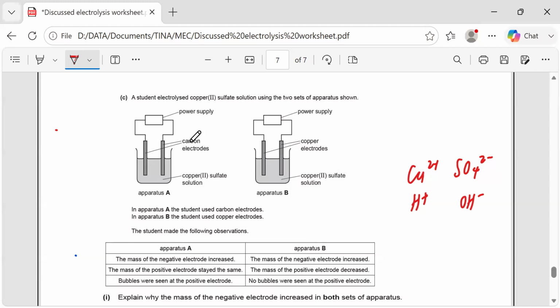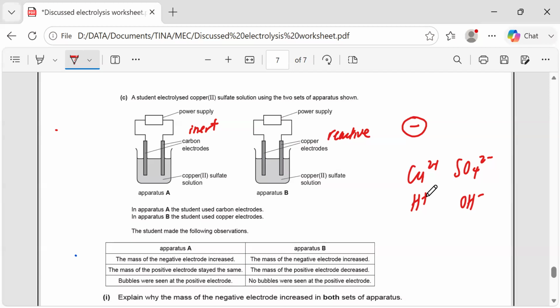Okay. So it doesn't matter whether you're using carbon, which is inert, or copper, which is a reactive electrode. For the cathode, for the negative terminal, it does not change. So for the negative terminal, copper or hydrogen, which one do I choose? I want to sit down and cry.